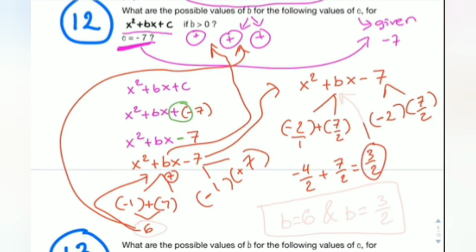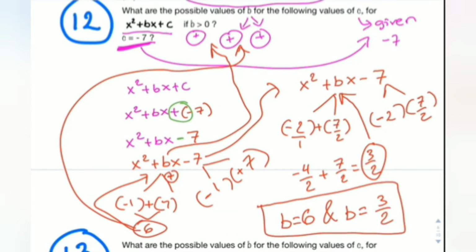So our B will be 3 over 2. So B equals 6 and B equals 3 over 2. See? Now let's do the next problem.